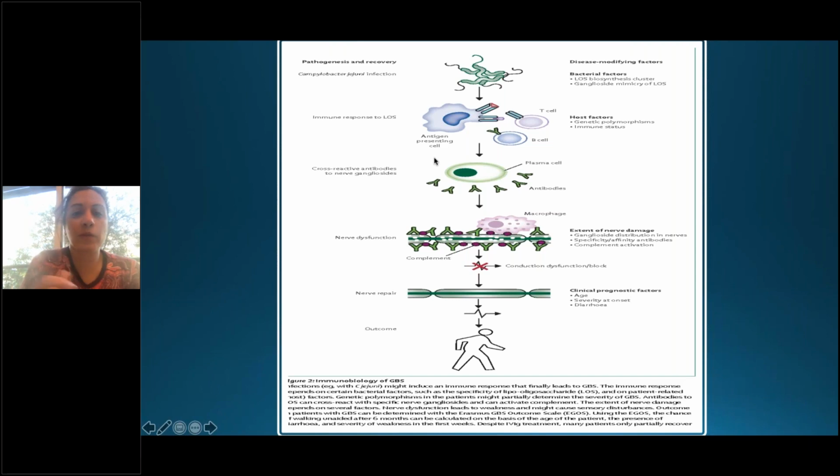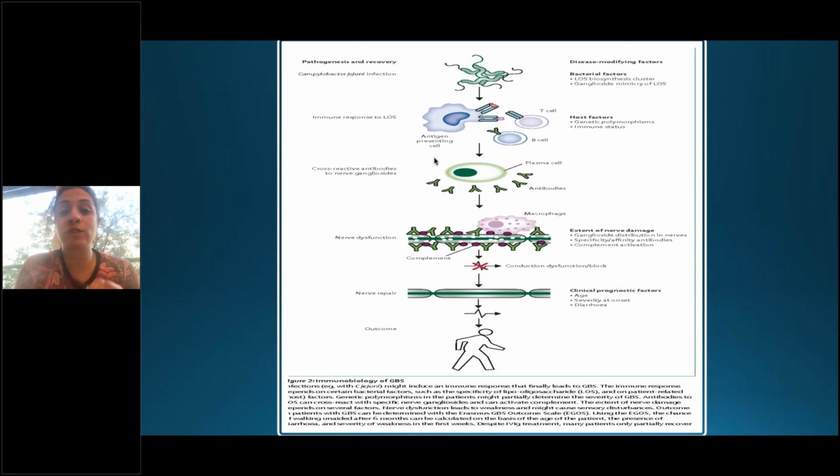So pathogenesis, this is the Campylobacter jejuni infection, someone who's had a diarrheal illness, not this child, but I'm just giving an example of a predisposing factor. This triggers an immune response. The immune response forms antibodies, and there's a cross-reactivity, so the antibodies attack this infectious agent, but they also attack the GM1 gangliosides in the nerve.